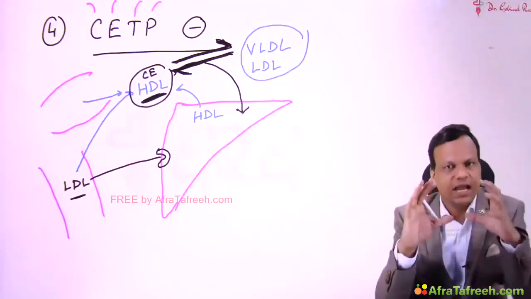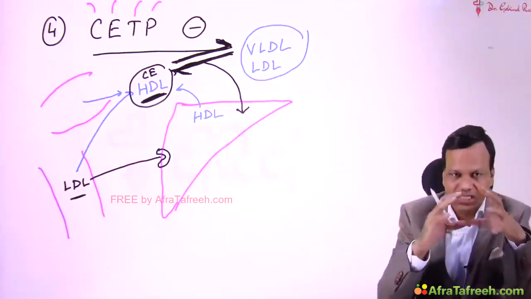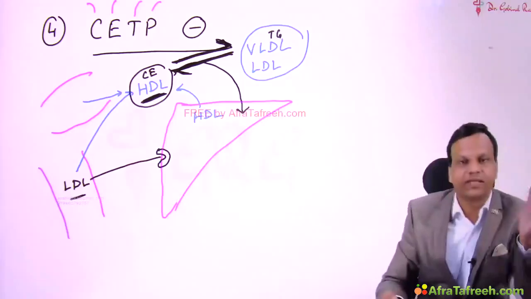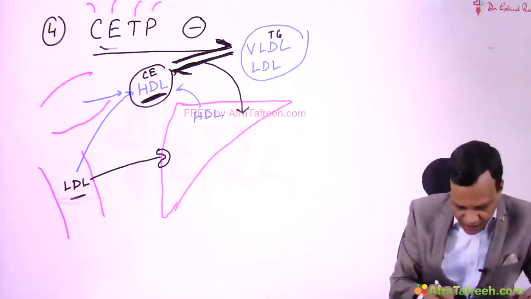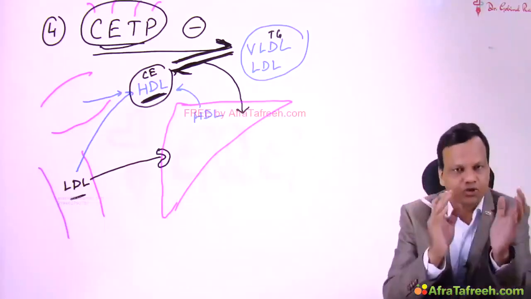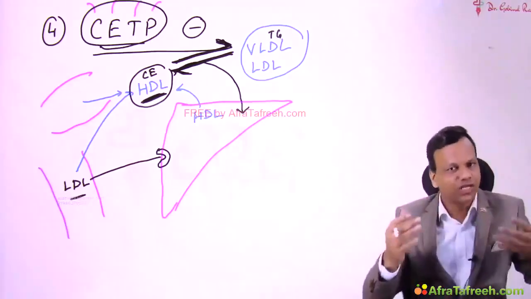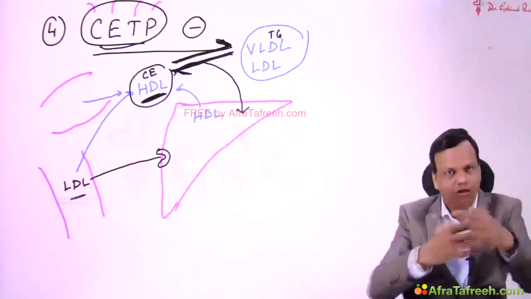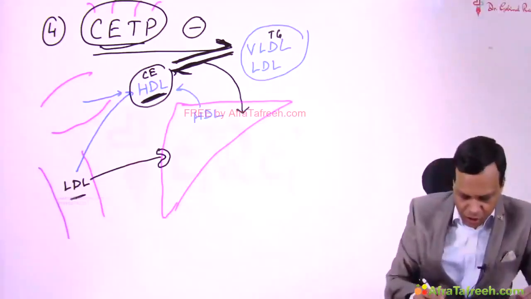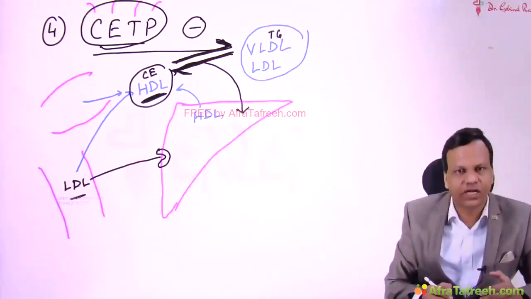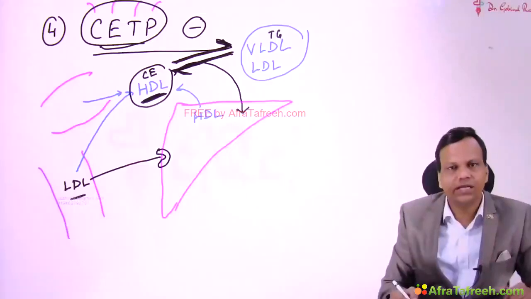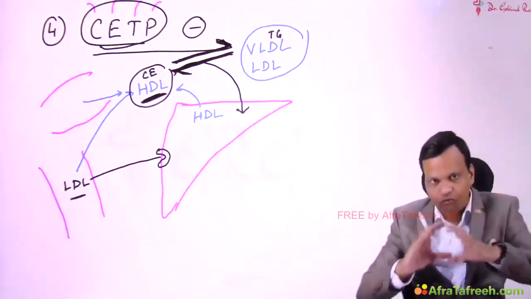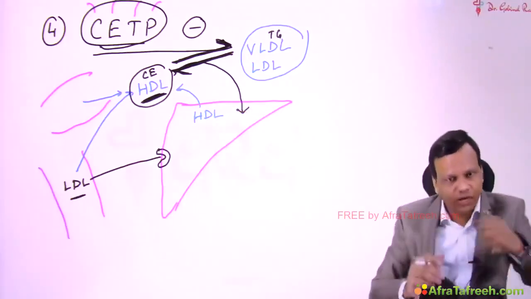So VLDL and LDL try to exchange the cholesterol ester of the HDL with the triglyceride present in them. This is with the help of an enzyme known as CETP, cholesterol ester triglyceride transport protein. As the name says, cholesterol ester and triglyceride will be exchanged. If this happens, then the cholesterol which HDL has taken from the peripheral tissues will again go into LDL, and that LDL can again deposit in the blood vessels. We do not want this, otherwise cholesterol will again go into the blood vessels.